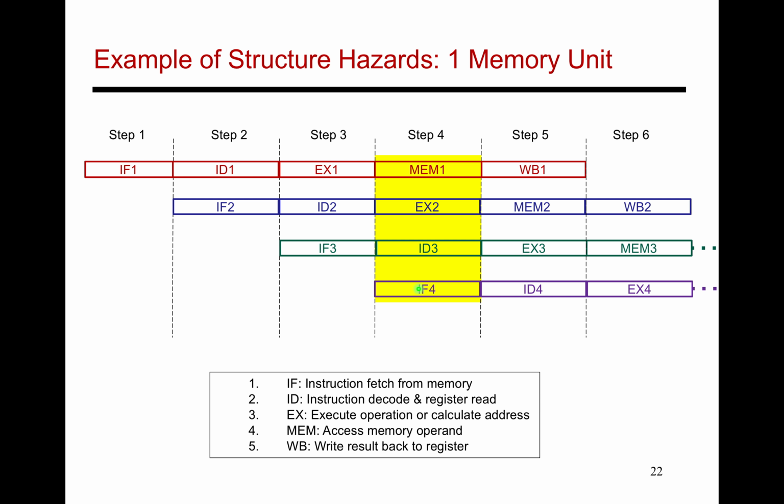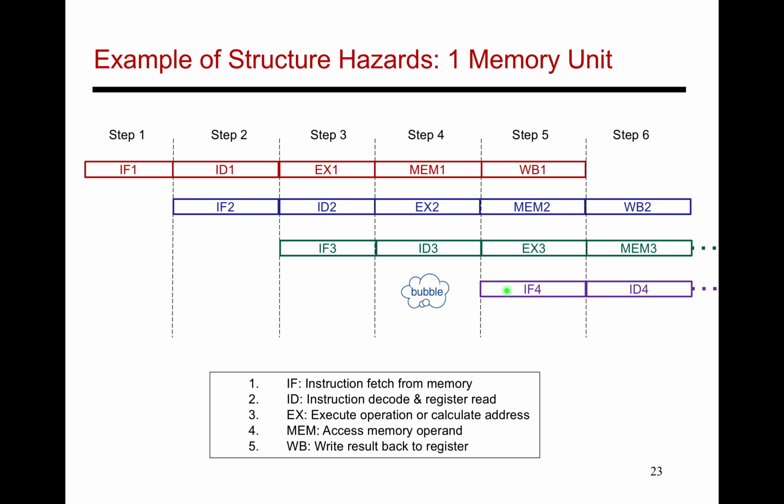Obviously this is a problem, and we can't do it this way. We have to delay instruction 4 so that instruction 1 can complete its memory operations, and then instruction 4 can begin its operations. That means we'll have to introduce a bubble into the pipeline by delaying the fetch of this instruction, so that we resolve the dependency on that resource, which is the memory. Okay?